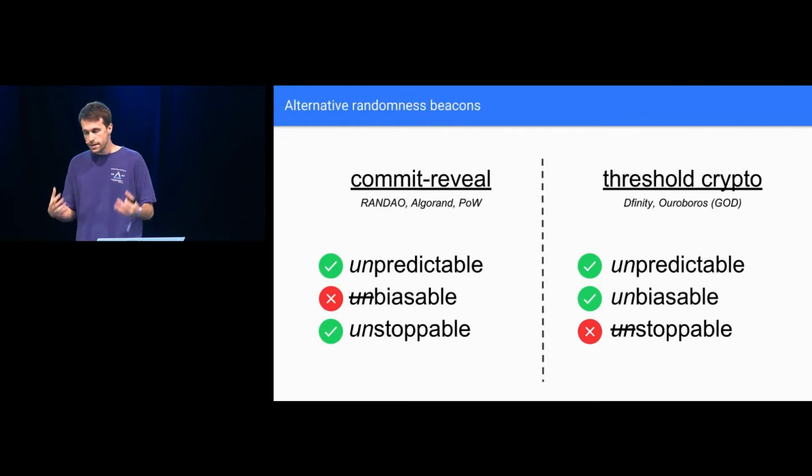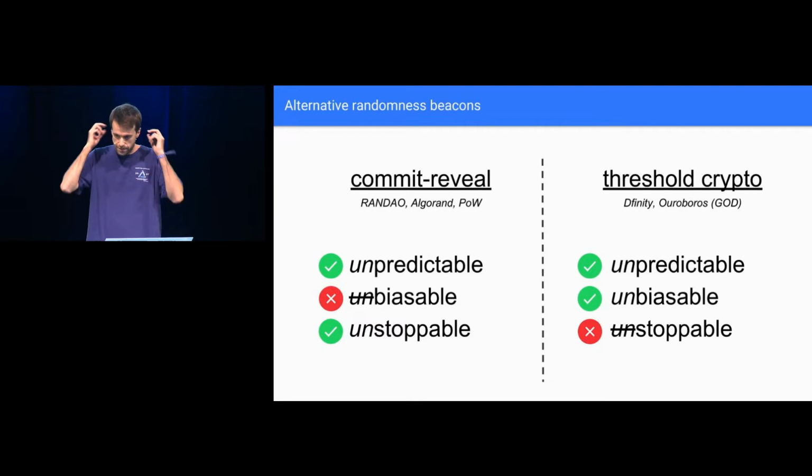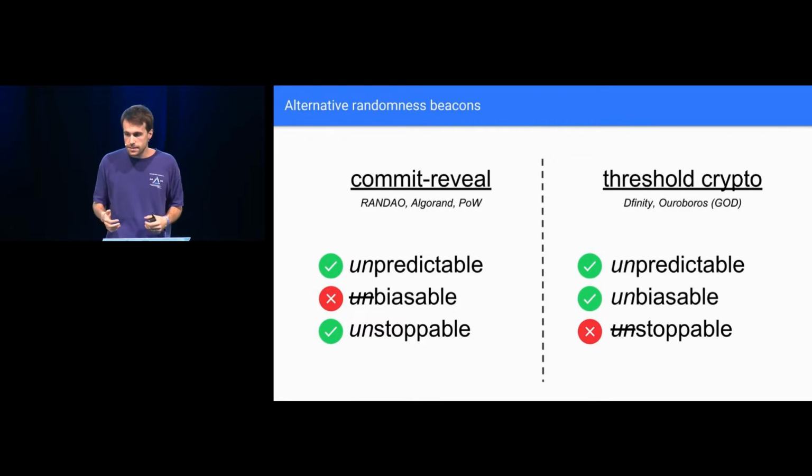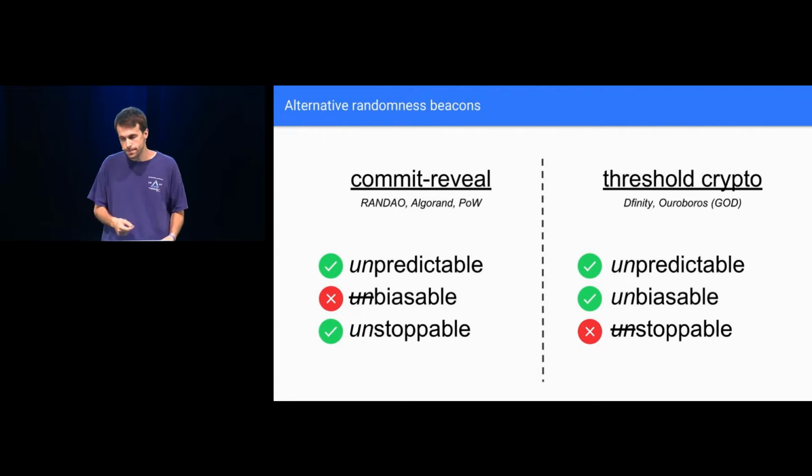There's beacons based on commit reveal, for example, RANDAO. And these randomness beacons have an attack, which is called the last revealer attack. So you have an ordered list of participants, and then when you're about to use the randomness, the last participant can either reveal or not reveal, and therefore bias the randomness.